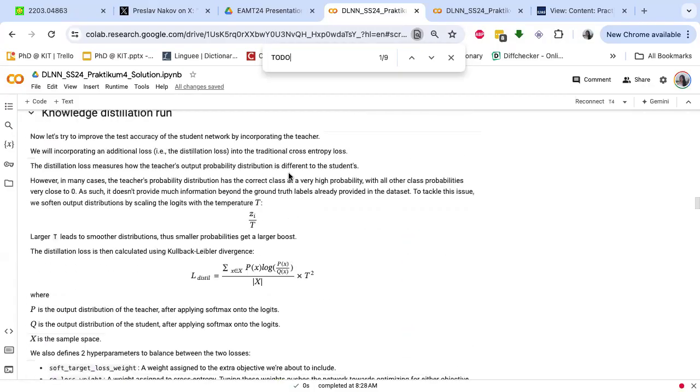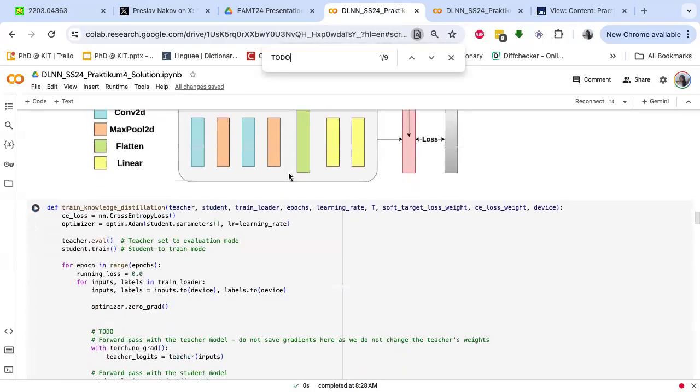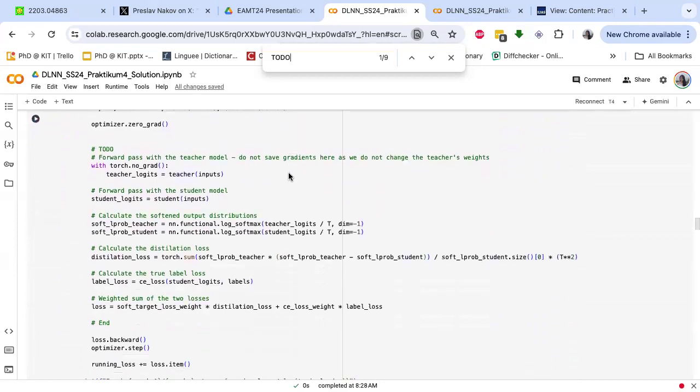Okay, your first task on knowledge distillation run is to fill in the training loop. So here for the teacher logit, you would have to do torch.no_grad because your teacher model is already trained, so you wouldn't want to modify your model network, but you just want to get out the logit.